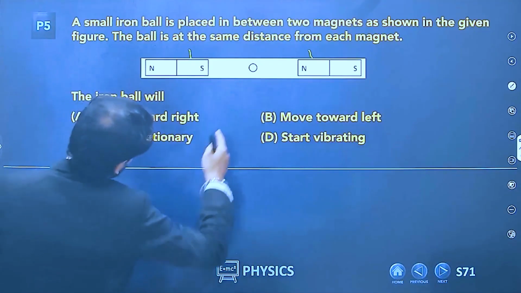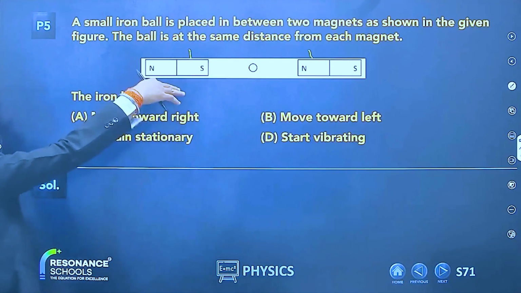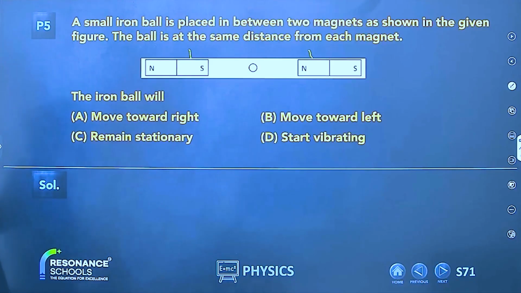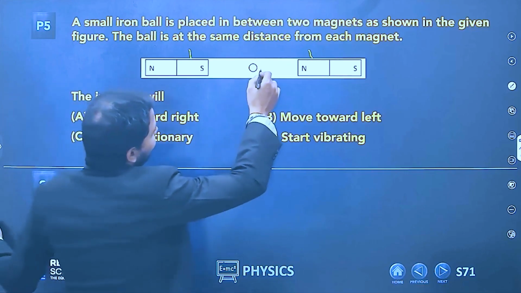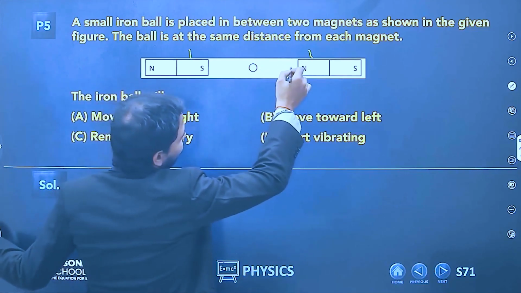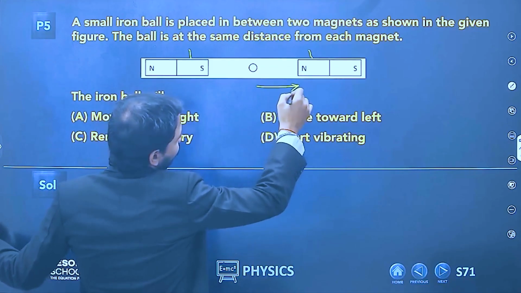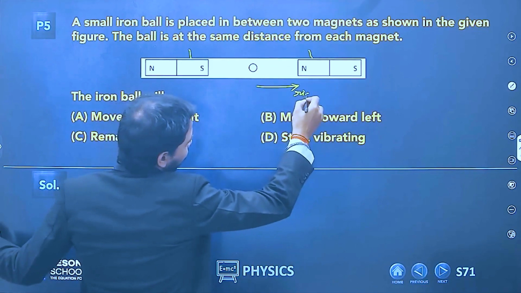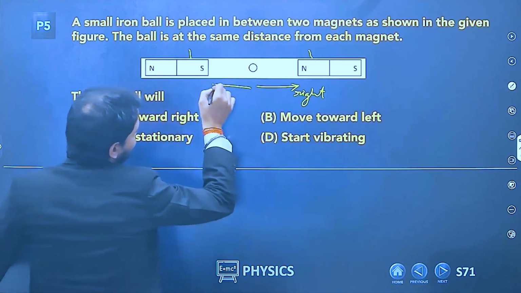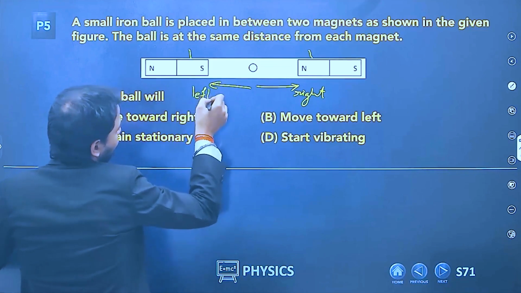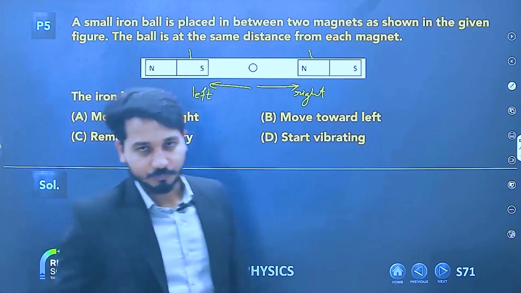So these magnets are applying the same amount of force on the iron ball. This side magnet is attracting it towards right with the same magnitude. Here also it is attracting towards left with the same magnitude.